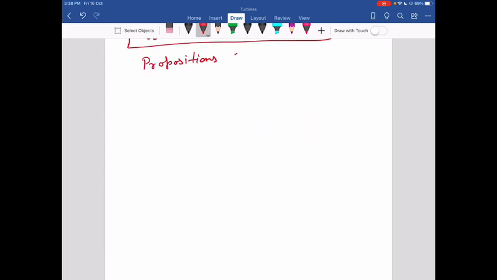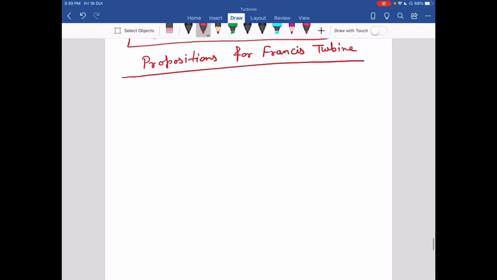Proportions for Francis turbine. The first is the ratio of B to D. This is the ratio of the width of the runner to the diameter of the runner, denoted by n.